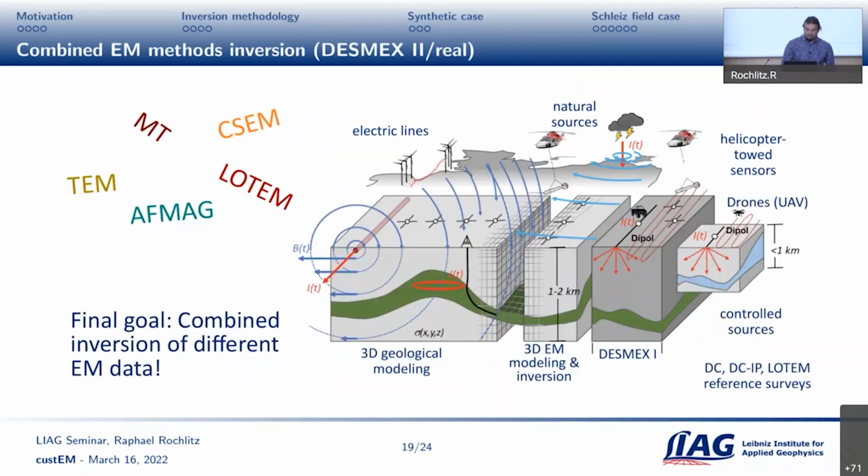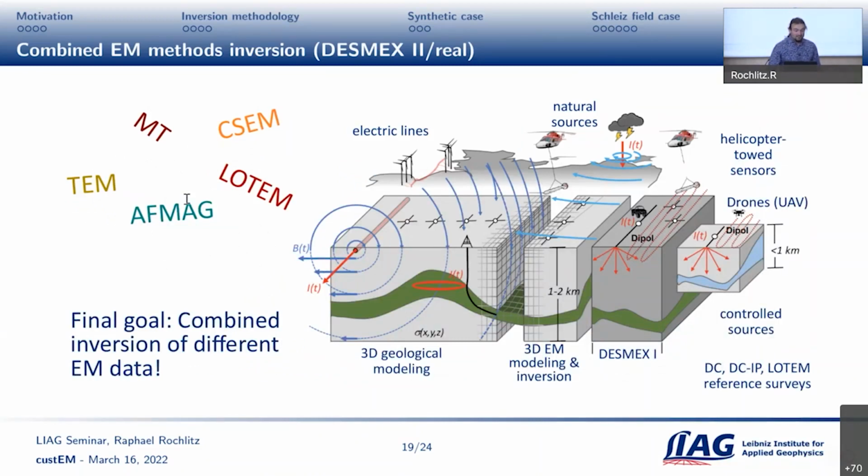And the final step in DESMIX 2 and DESMIX Real would be to not only invert controlled-source electromagnetic data from our semi-airborne geometries, but also consider a combined inversion of 2D data, for instance, from low-temp surveys and transient electromagnetic surveys. We also have natural source helicopter measurements in DESMIX 2.